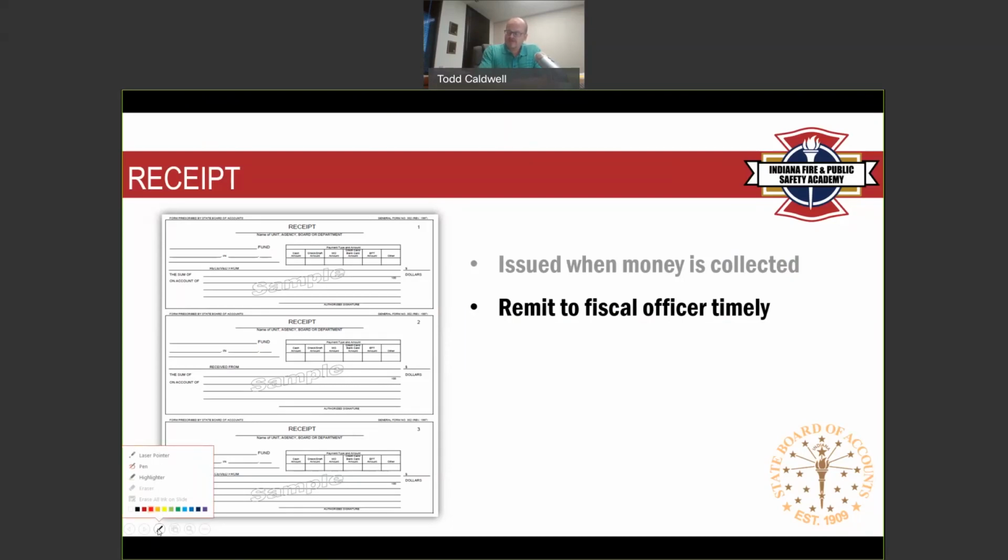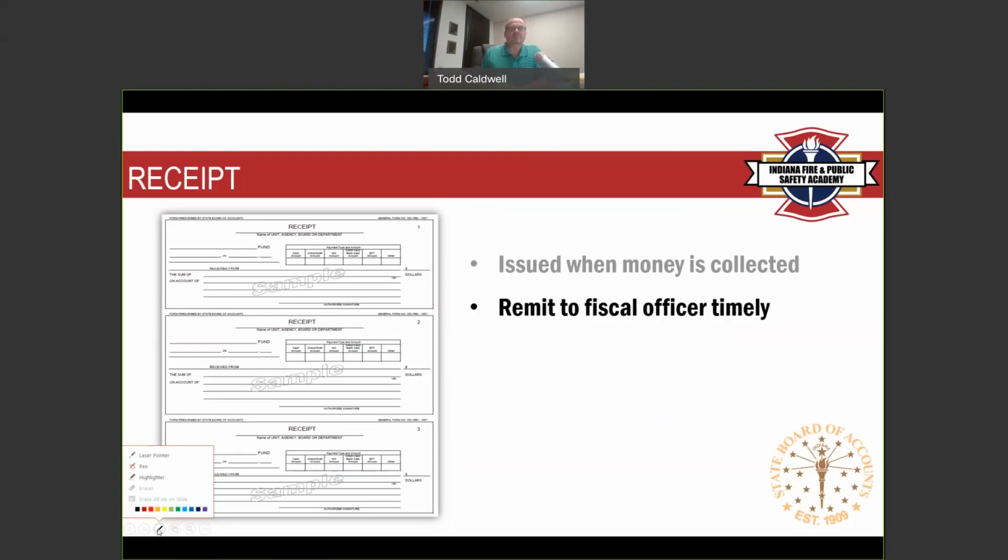When you turn these into the clerk treasurer or your fiscal officer, they should be giving you a receipt for the money. And you should document the receipts that you are turning into them on the receipt that they give you back. Now, what that means, for example, let's say you have 5 receipts and they're numbered 123 through 127.